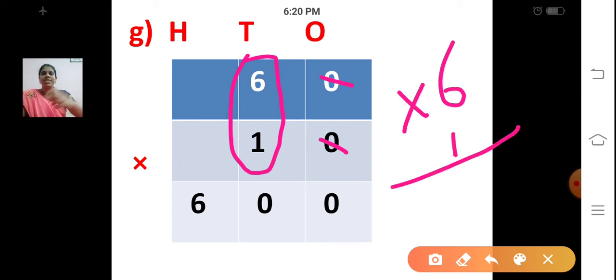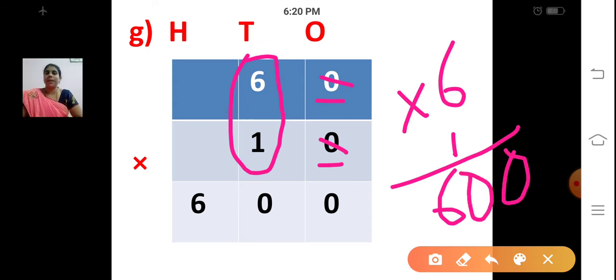Now tell me, 6 ones are 6. Now how many zeros you have to put to the right of this number? Just count how many zeros you have ignored. How many zeros are in the question? So 1, 2. So you are going to put 2 zeros after this number 6. So when you multiply 60 into 10, the answer is 600.